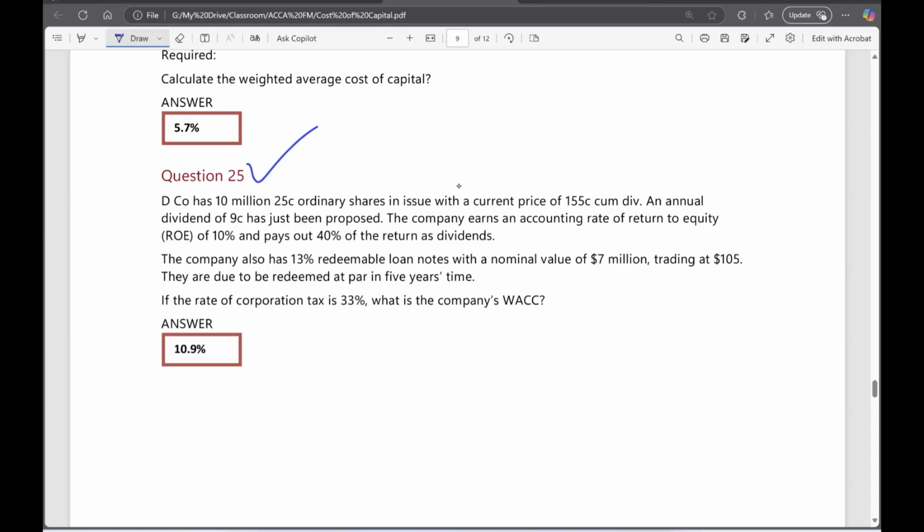Okay, try this question. First of all, identify the type of securities you have here. Okay, try. I don't want to interfere first of all, because some students are trying.